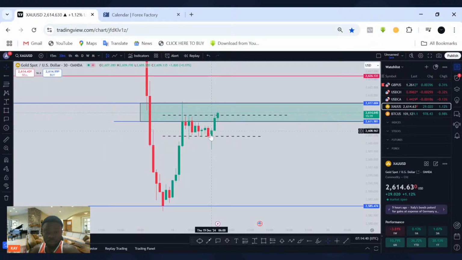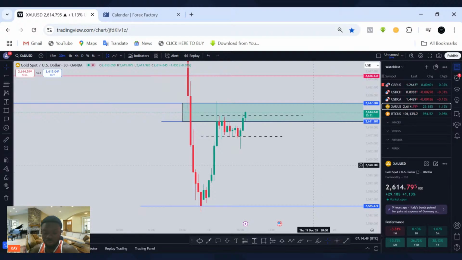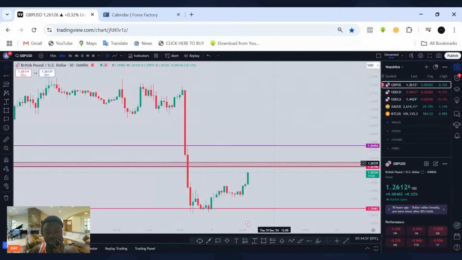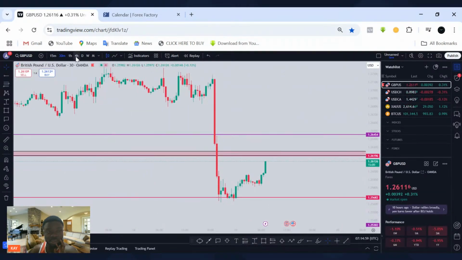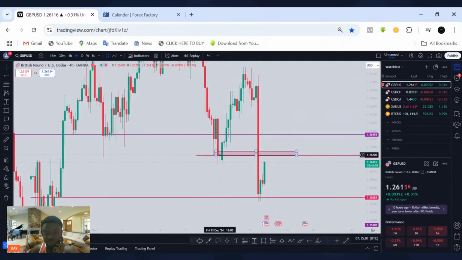So this is the 6 o'clock. This is the 6 o'clock candle. Yeah, so let's see if gold is going to flip. So when it comes to GBP USD, I said the buy is just a short-term buy. Okay, so that's what you have to bear in mind.